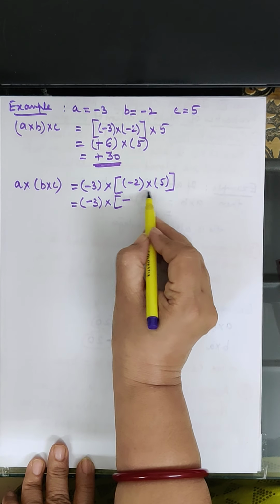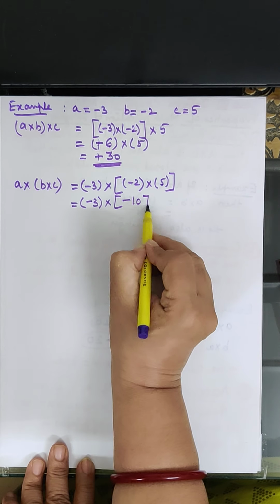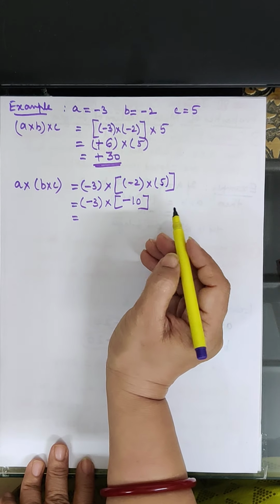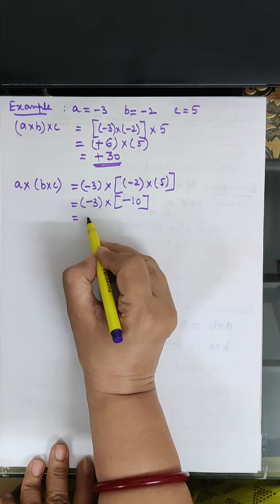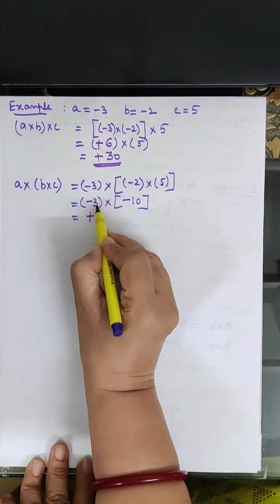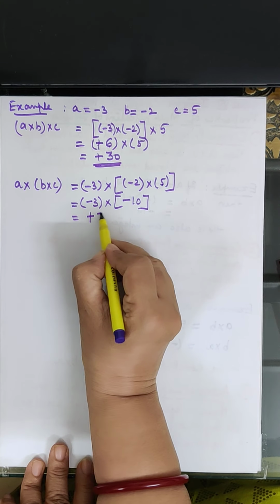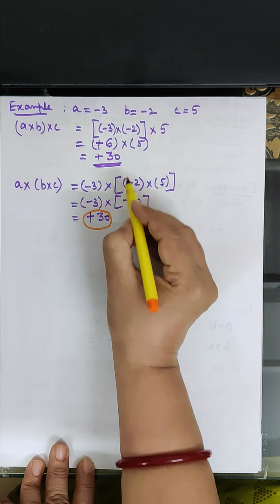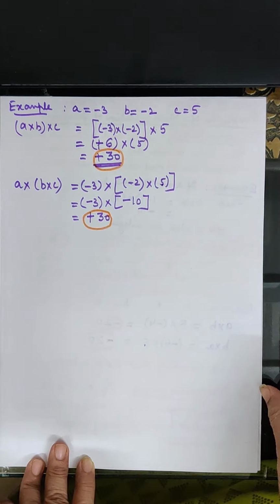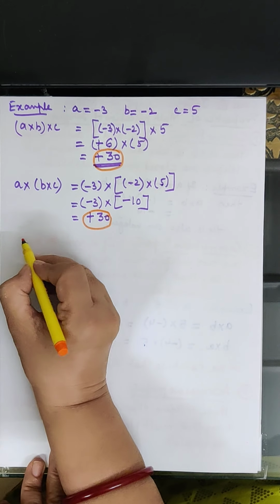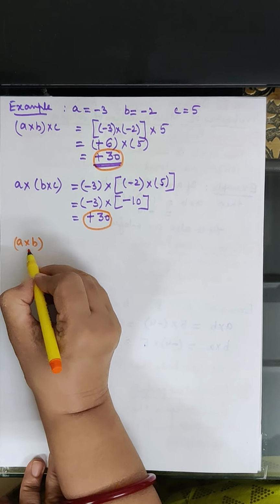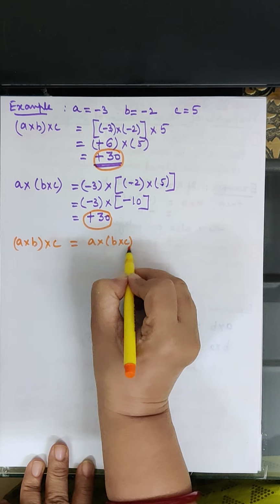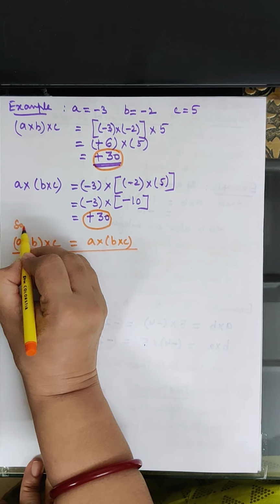We multiply the numbers as usual. 2 into 5 is 10. Now we have two negative integers which is even. So the product will be positive and we multiply the numbers as usual. 3 into 10 is 30. Okay. So what do you observe here? Product is 30 here and product is 30 here. So what do we say? We say that (A into B) into C is equal to A into (B into C). Is this all right? Right.